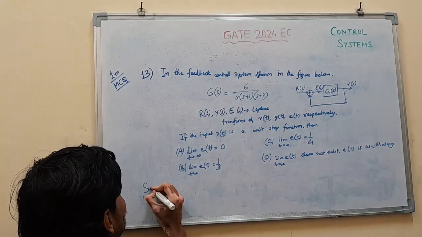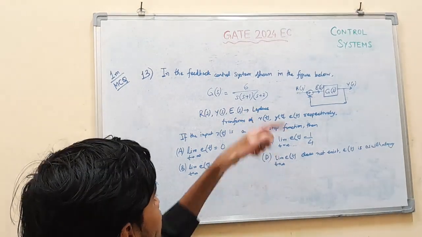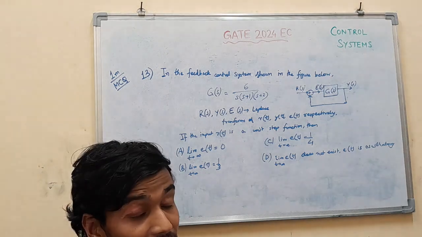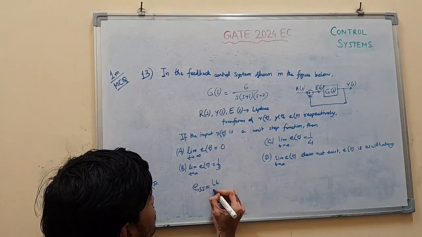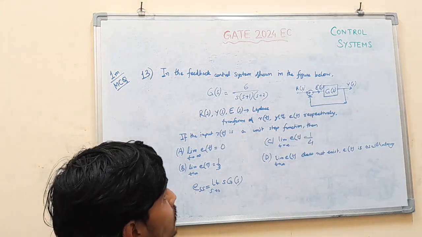We know the solution of this question. It is simple actually, but we need to be careful. For this, we can directly apply the steady state error formula. E of S, limit S tends to 0, S into 1 by 1 plus G of S, as it is a unity feedback system.